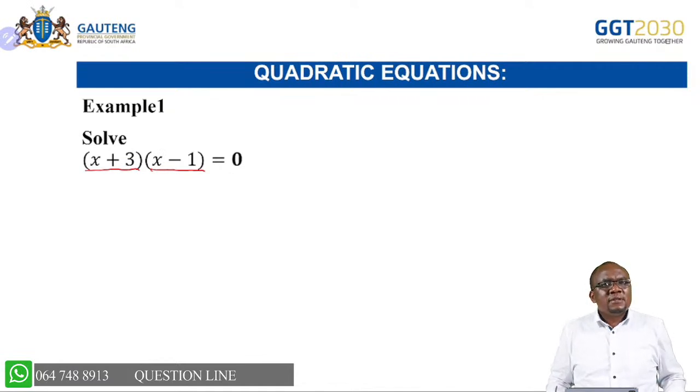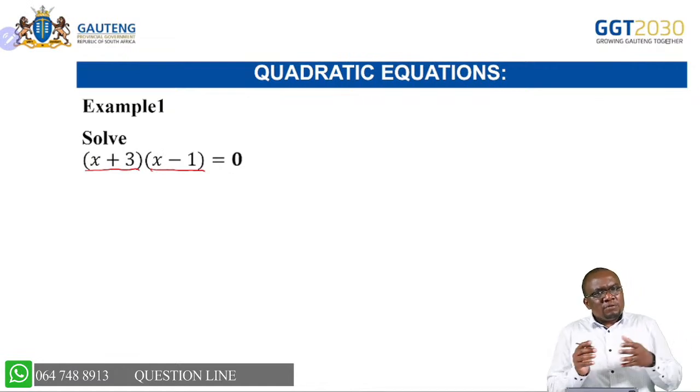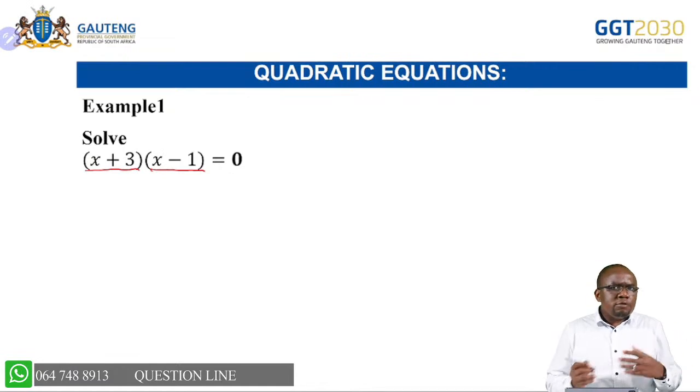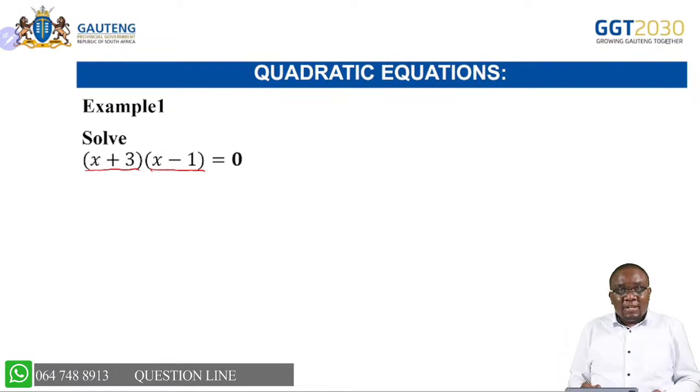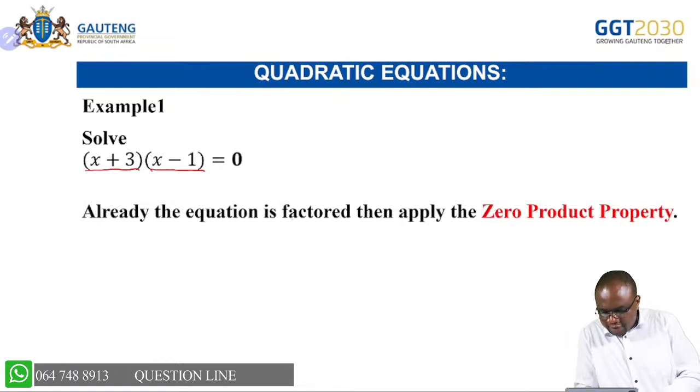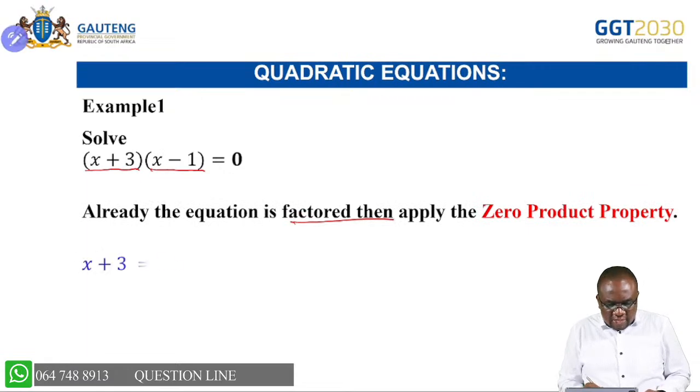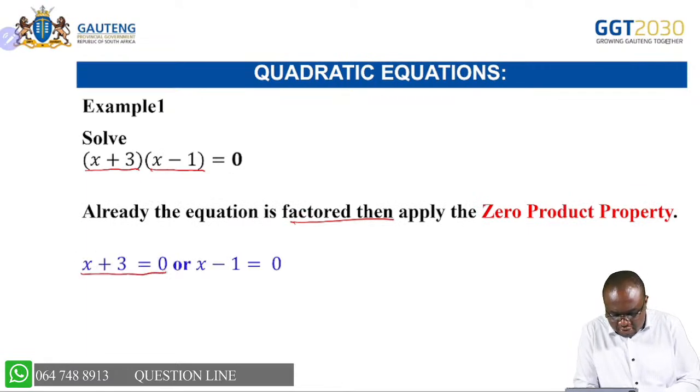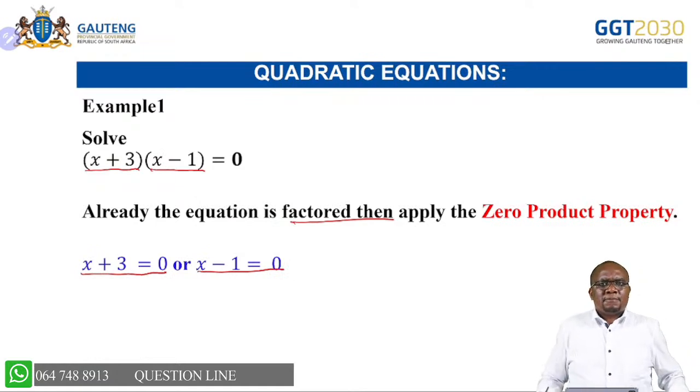That's what it means. Remember, I said if ab is equal to 0, therefore a is equal to 0 or b is equal to 0 or both of them are equal to 0. So now it's already factored for us, and it's either x plus 3 is equal to 0 or x minus 1 is equal to 0.